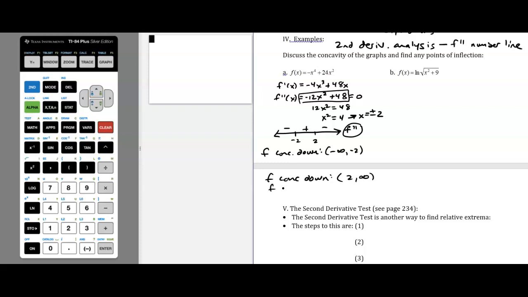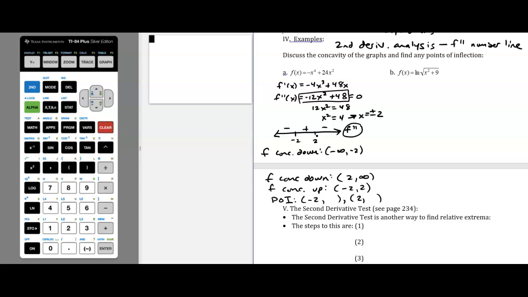In addition to that, f is concave up on the interval from negative 2 to 2. Notice these are going to be points of inflection. We have a point of inflection at both negative 2 and positive 2, because the concavity is in fact changing right there.